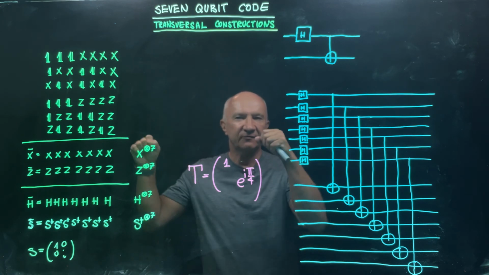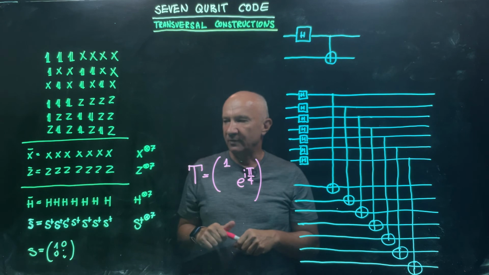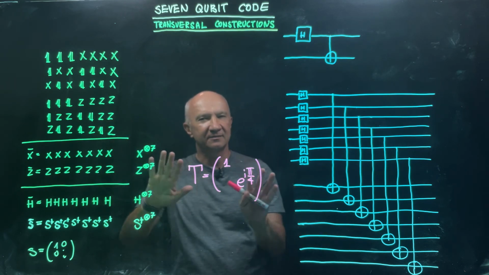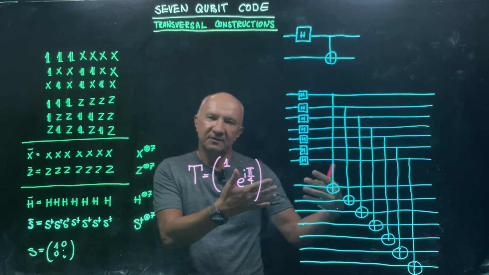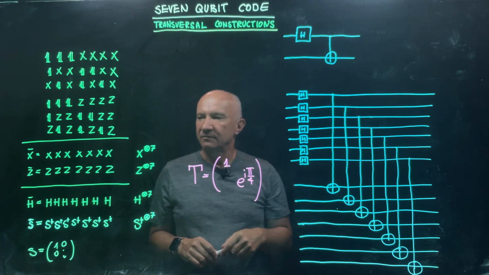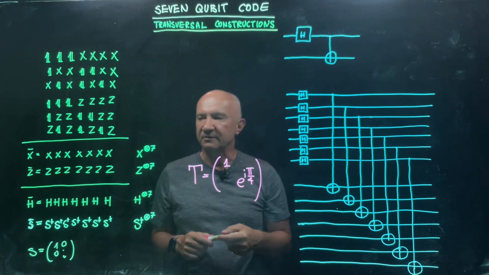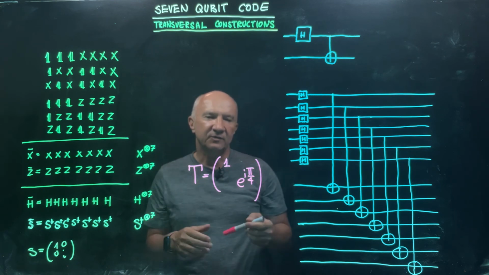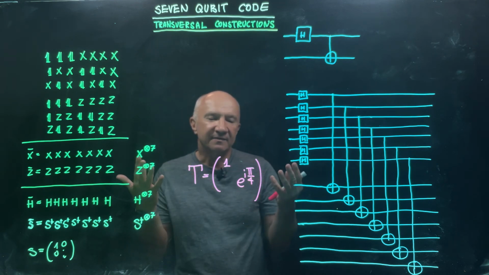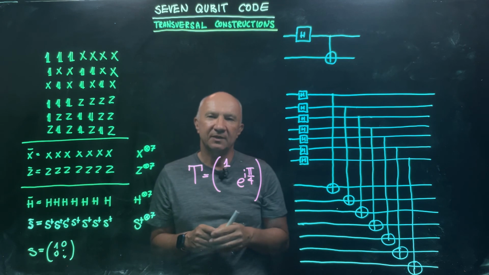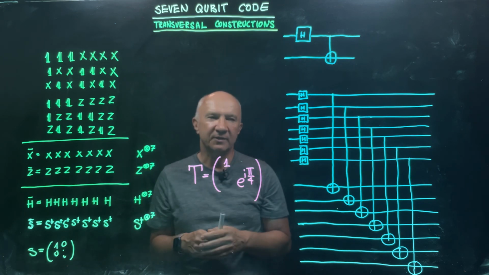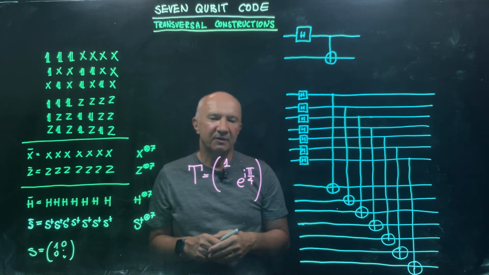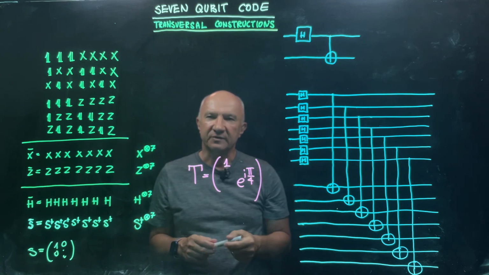You try to cover yourself with a transversal construction blanket, so you cover some of the gates, and then you leave some other gates exposed, and they don't have a transversal construction. So it's certainly code dependent, and the bad thing is that we know that no matter which code we use, we cannot find nice transversal constructions for the whole class of universal gates.